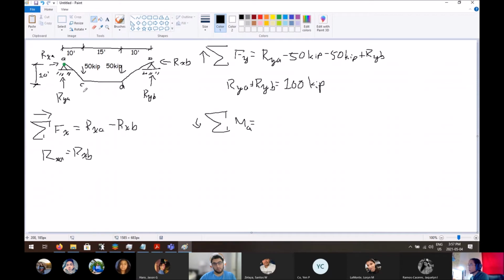So Rxa is pointing directly at it, 0 feet away from it, so we're not going to include it. Same thing for Rya, it's pointing directly at A, so we're not going to include it. This 50 kips is not pointing directly at A. How far away is this from A? Well, it's 10 feet. Now, why not this distance? If we draw a line right here, you see that that is where it's perpendicular.